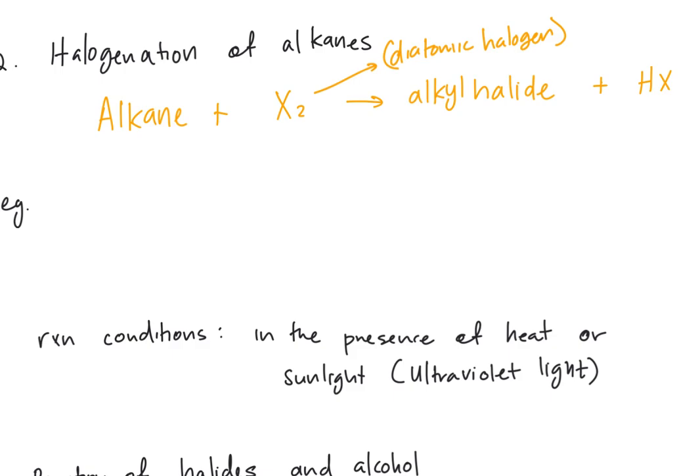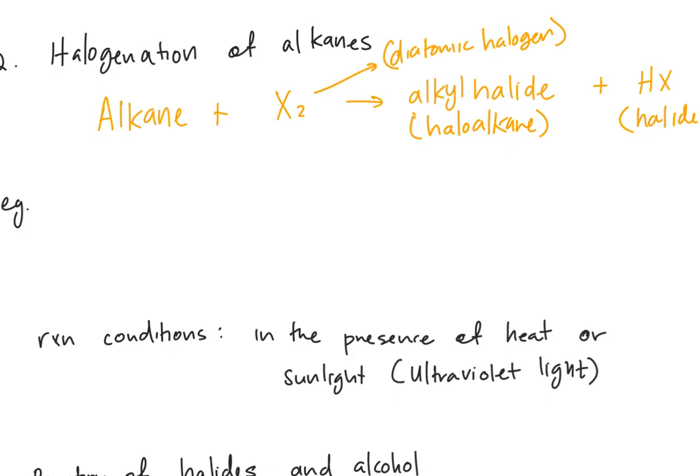An alkyl halide is basically saying a haloalkane. And you get a halide salt at the end of this reaction.